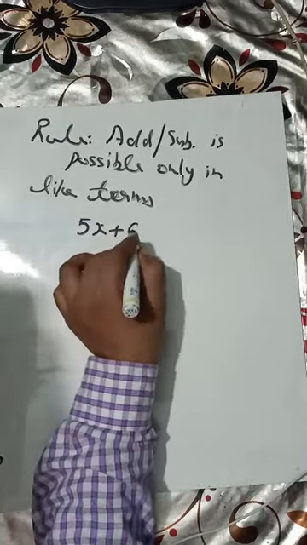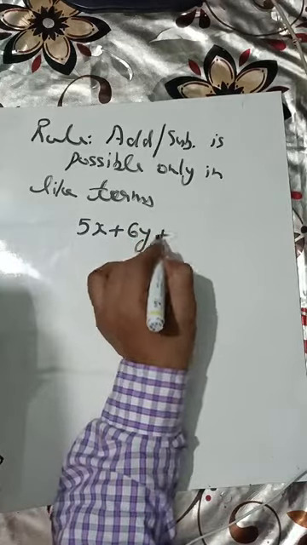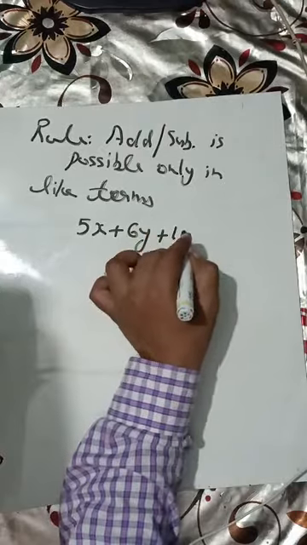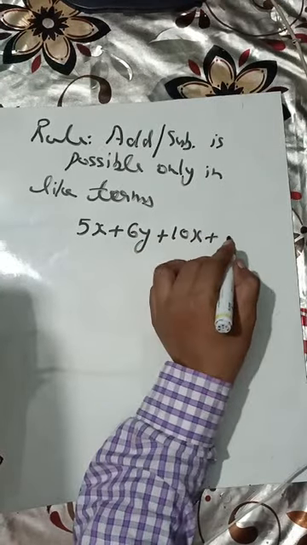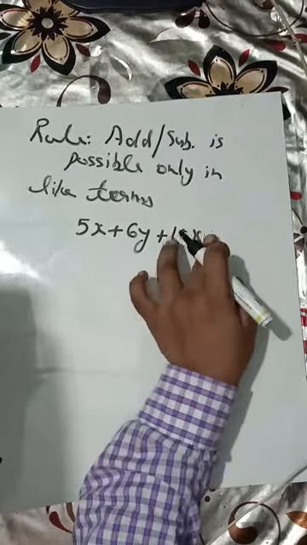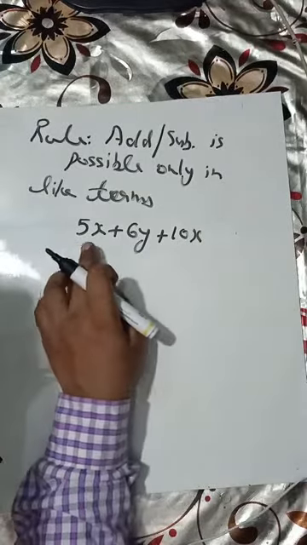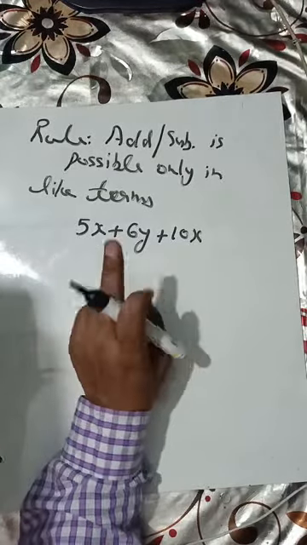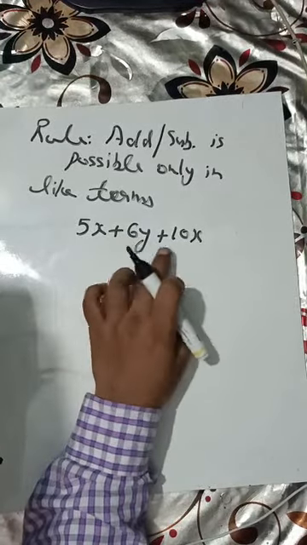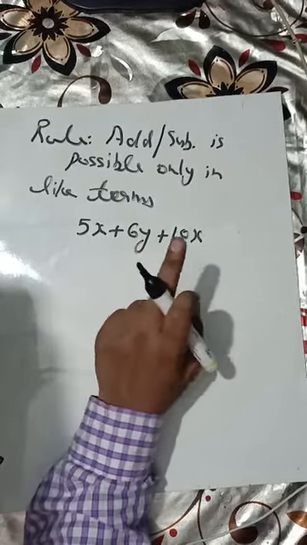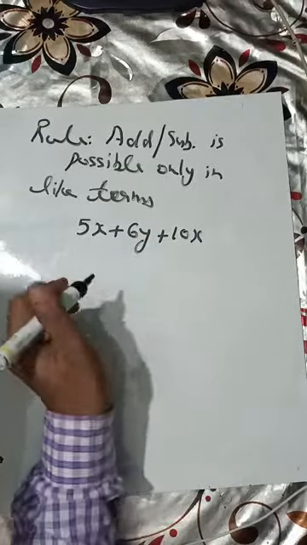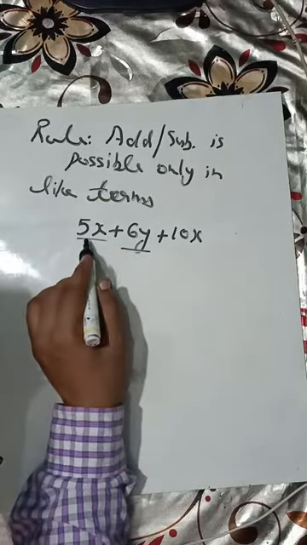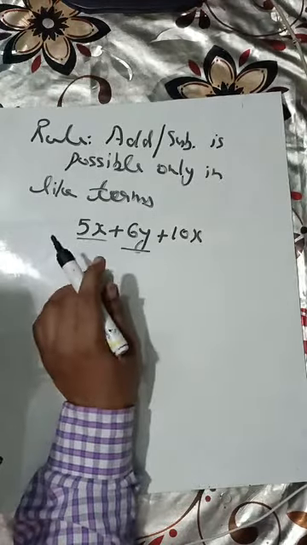if it is written like this, now since the variables are here x and y, whenever the variables are there, we have to look for the rule. I told you addition and subtraction is possible only in like terms. Means this and this is not going to solve. If you are planning to solve this, it is not possible. Remember?